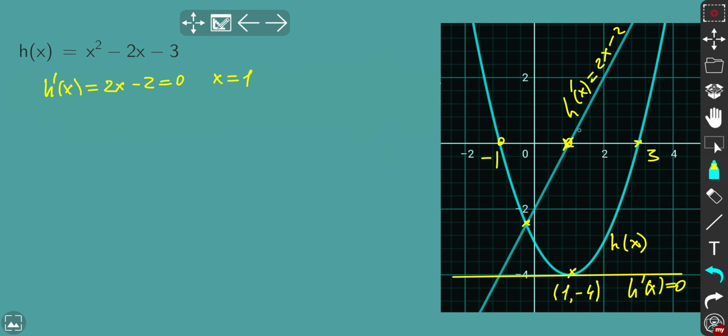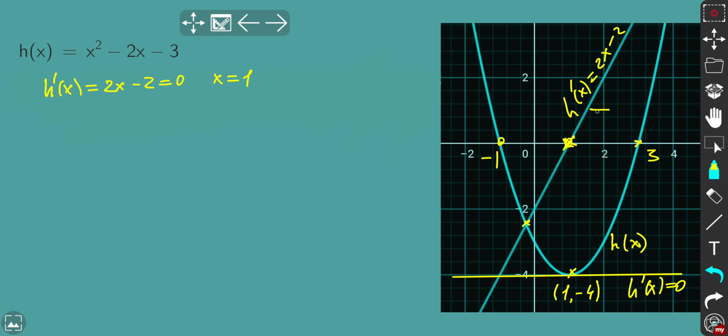And graphically it means that the graph of the h prime function is going to cross the x-axis, okay? So that's an idea. On top of that, I'll give a bit more explanation.